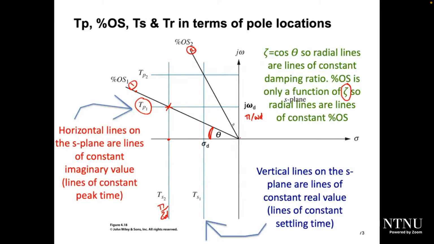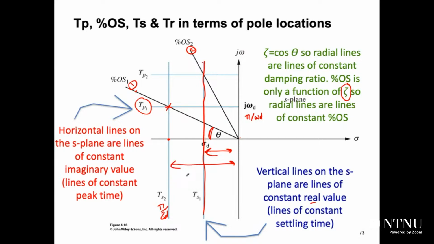Vertical lines on the S-plane are lines of constant real value. This line, for example, is a line with constant real value, and this line is also a line with constant real value.